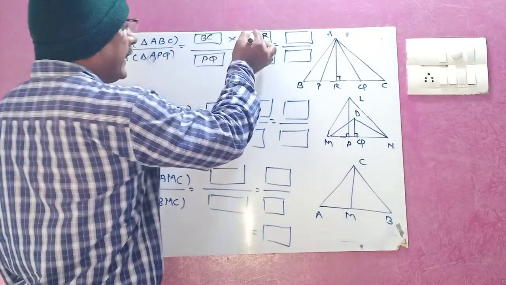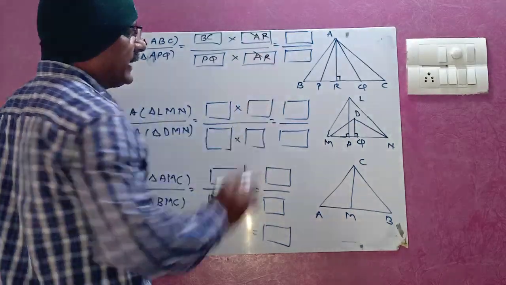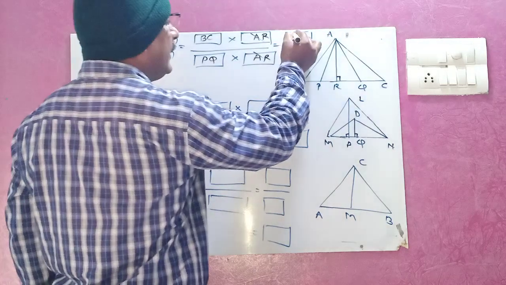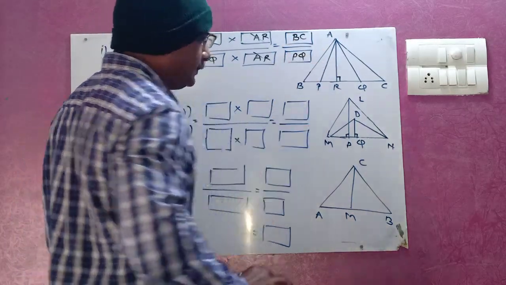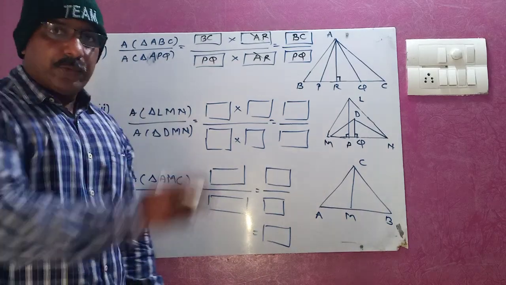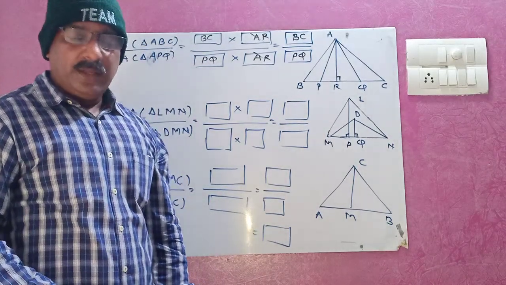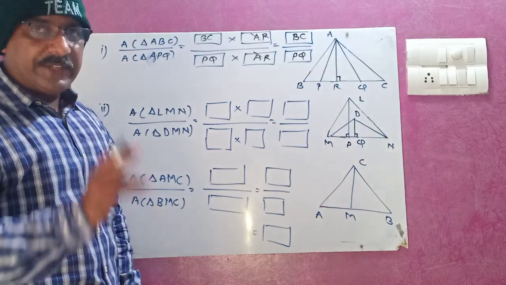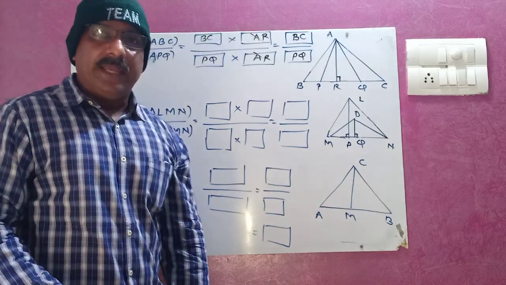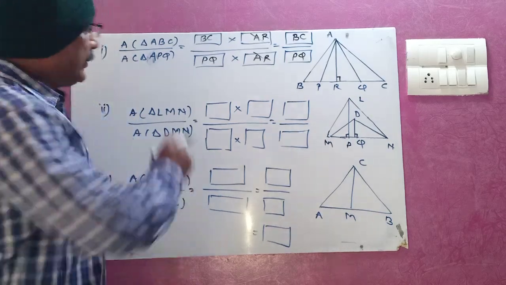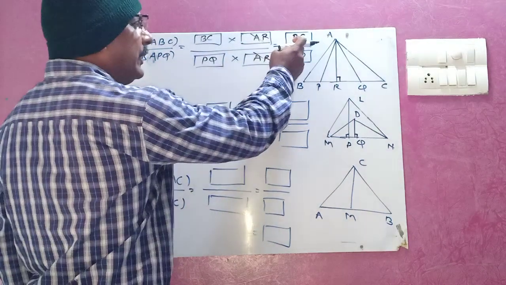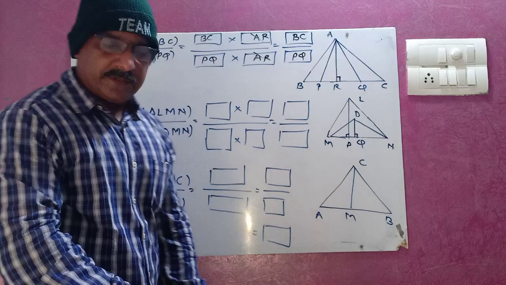So this AR and AR get cancelled. What is remaining here? BC upon PQ. Got it? So I have used the second one, when two triangles have different bases and equal height, then the ratio of the areas is equal to the ratio of the corresponding bases.